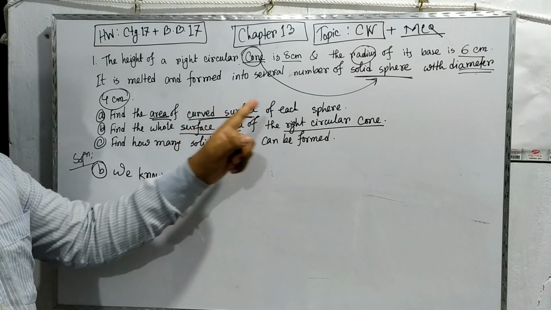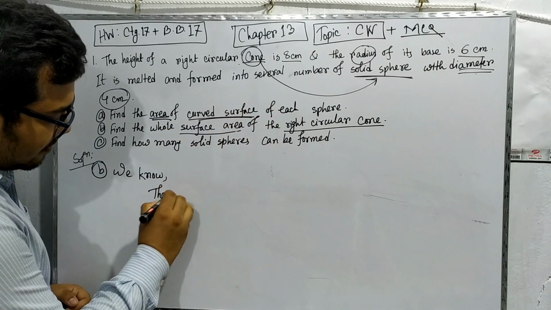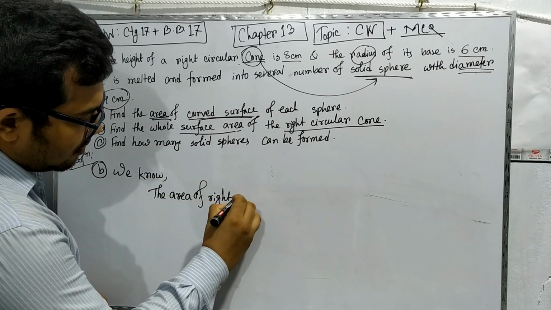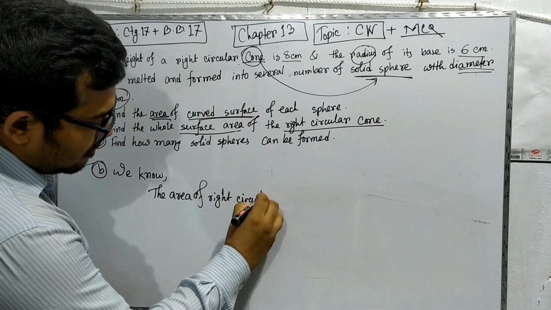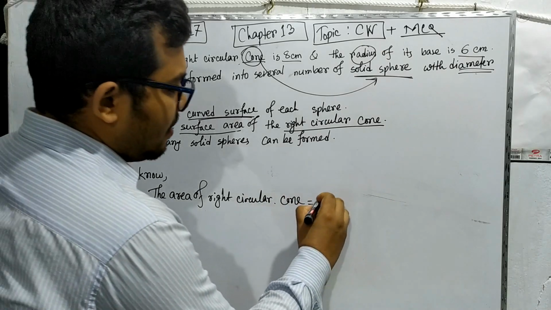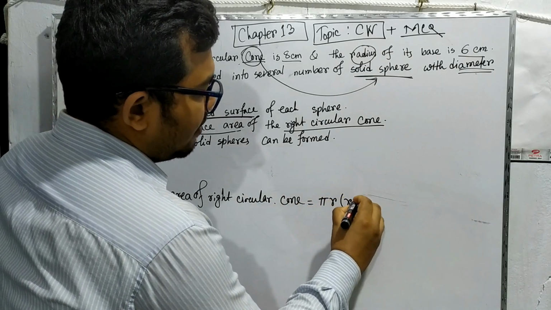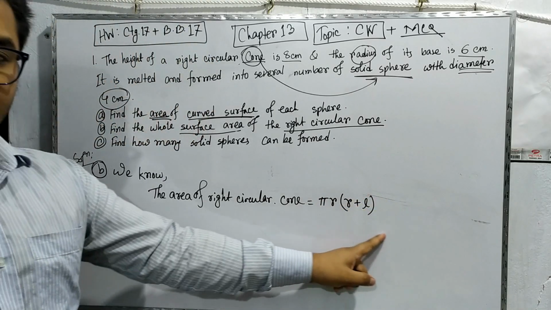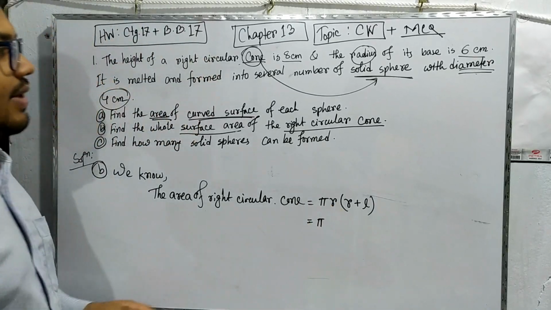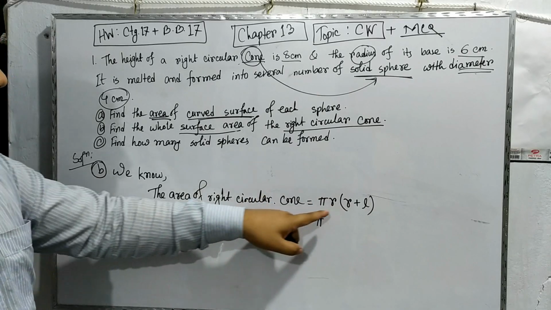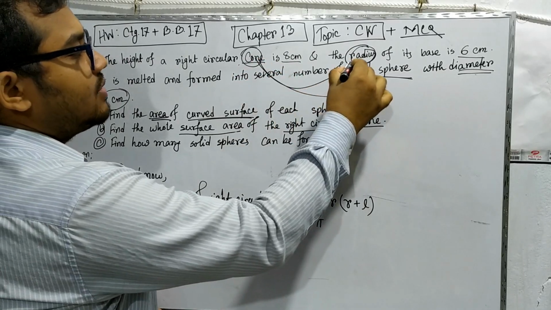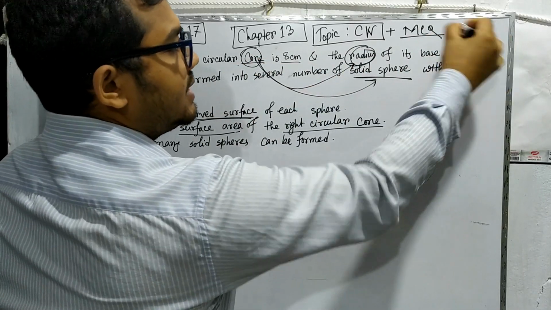The area of a right circular cone will be pi r into r plus l. So here pi into r, and the value of r will be the radius of the cone. The radius of the cone is given, so the radius of the cone is 6 centimeter.